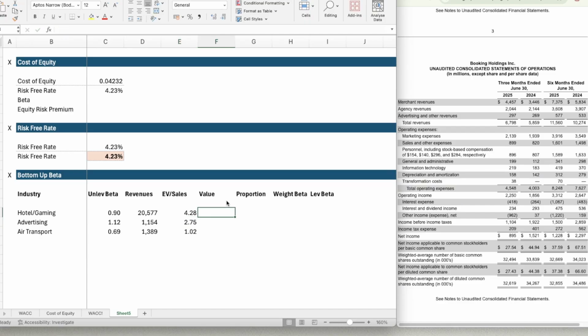Then to work out the value of each revenue segment as if it was its own company, we take the revenues multiplied by the multiple. And actually, let's just get the sum of these.